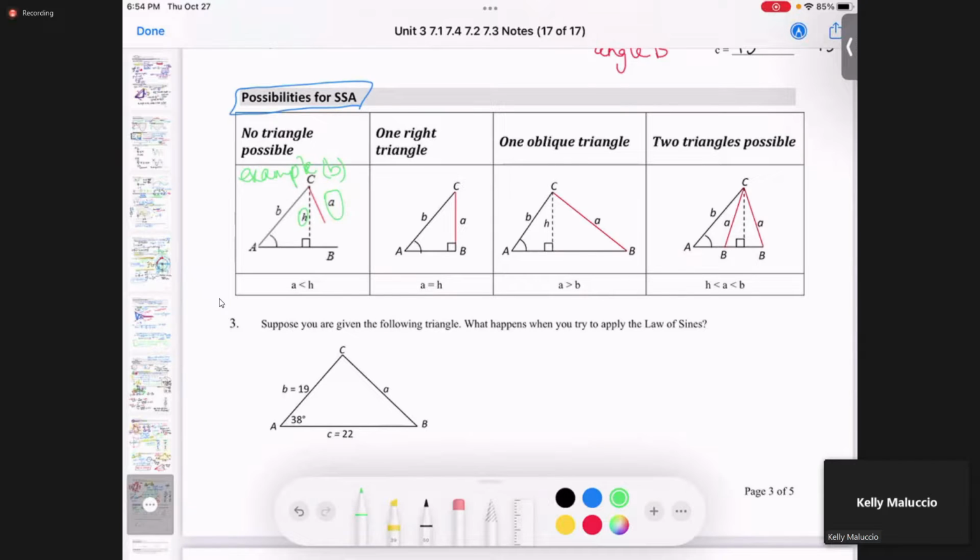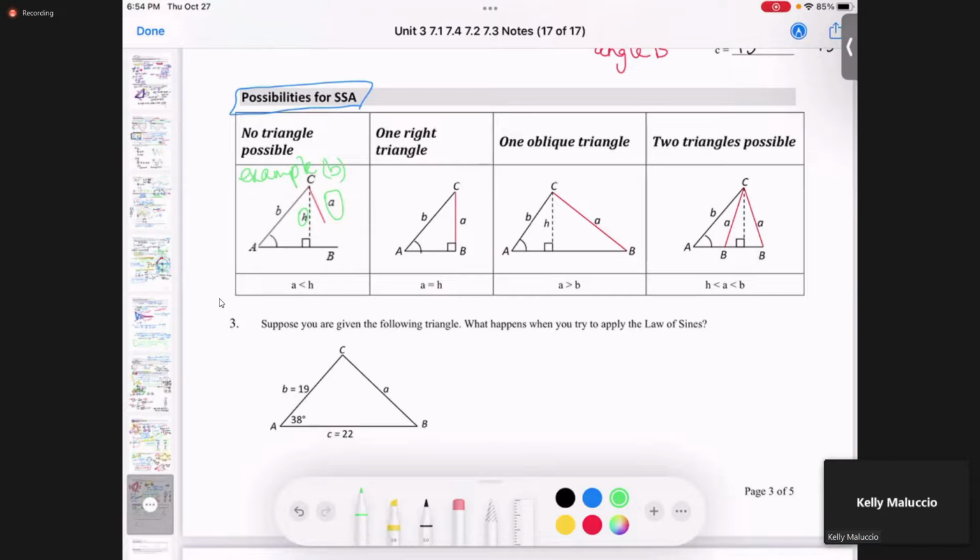That's what's happening. But again, you don't need to note this. These are just all the possible outcomes. You don't need to memorize this or anything. You just need to know, if you get an error, what's going on and why. It just means there's no possible triangle with these given angles and sides, right?